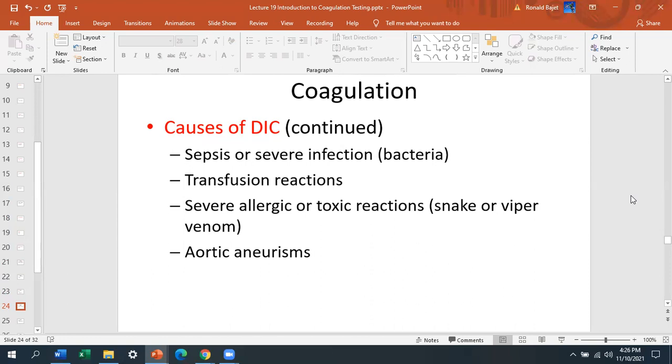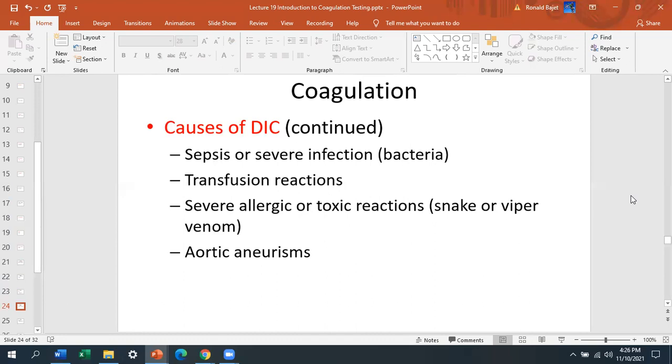When you get an antigen-antibody reaction, that complex floating around in your blood can also set off DIC. Severe allergic or toxic reactions, snake or viper venom, and aortic aneurysms are also things that can cause DIC.